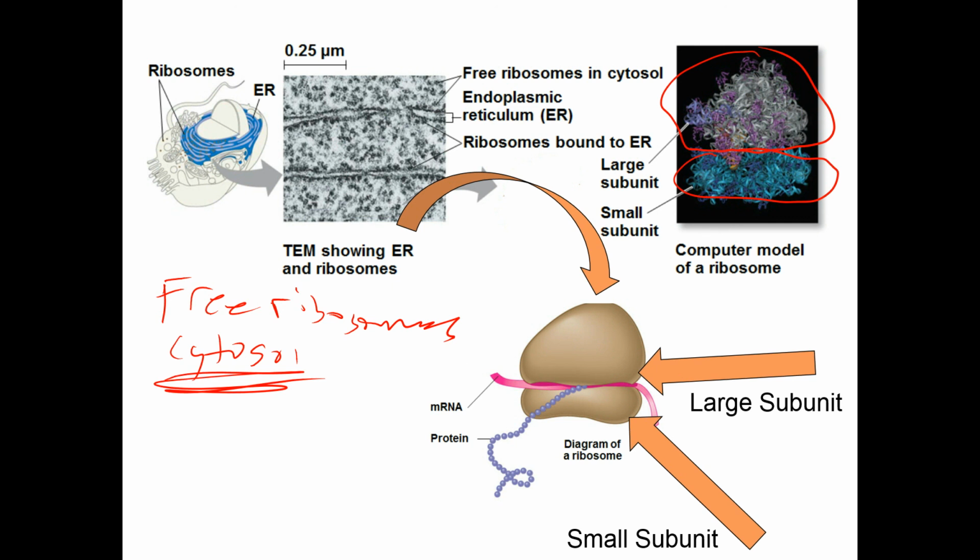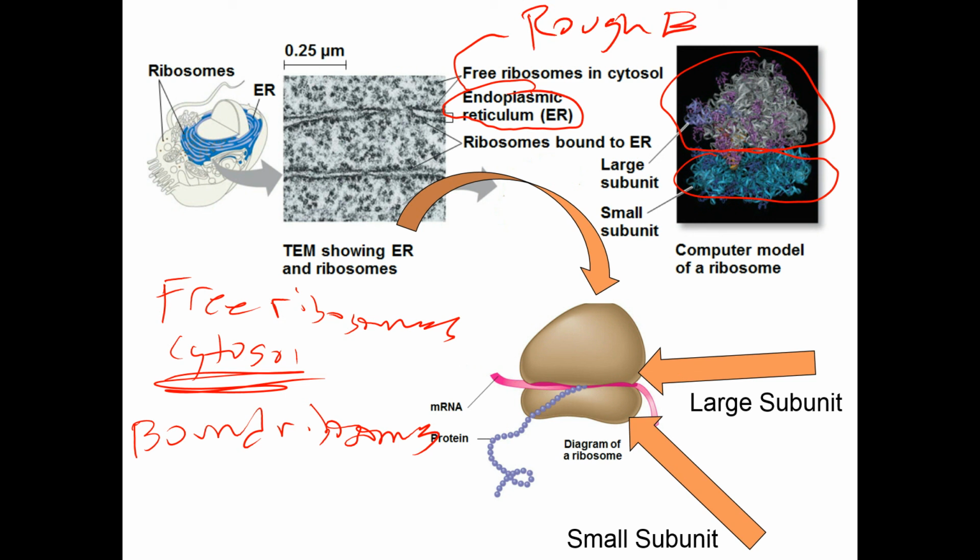Now your bound ribosomes are attached to the endoplasmic reticulum. Your bound ribosomes attached to the endoplasmic reticulum make up what we call the rough endoplasmic reticulum, or rough ER. Proteins made by ribosomes attached to the ER are destined for other places in the cell.